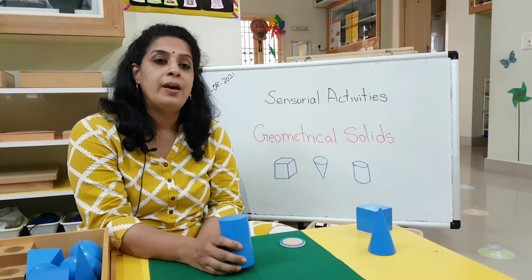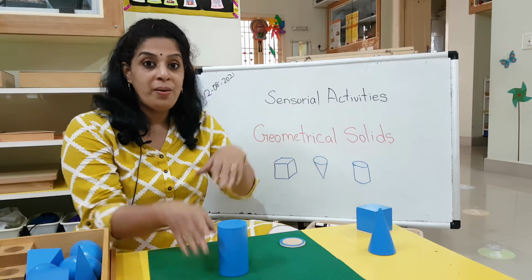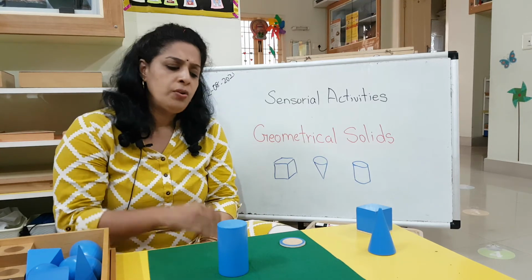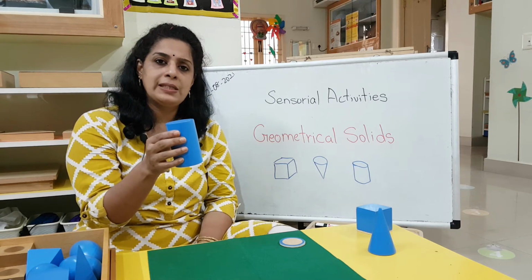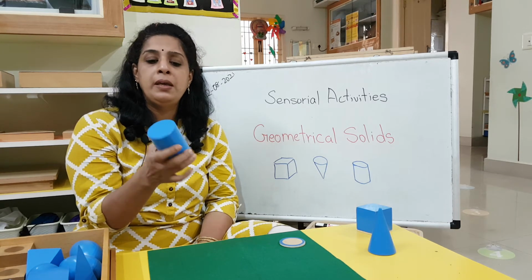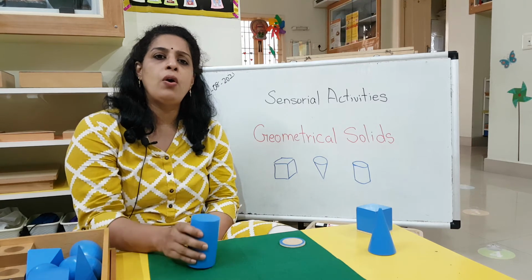Then, where else have you seen? The chapati roller pins, they are cylindrical shaped. Then you will see very often shapes like this, okay? Your water bottles, correct? Then maybe look around yourself, you will see a lot of cylinders.